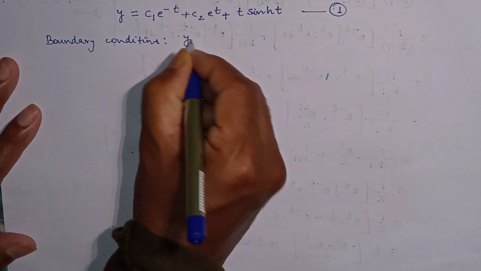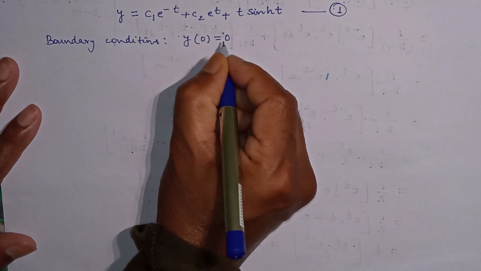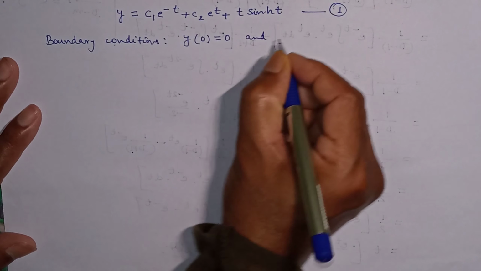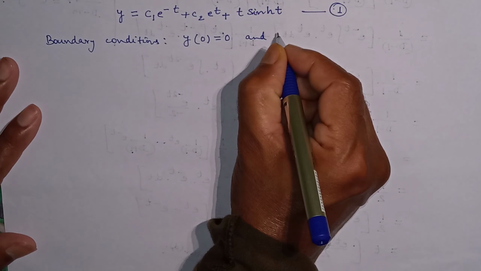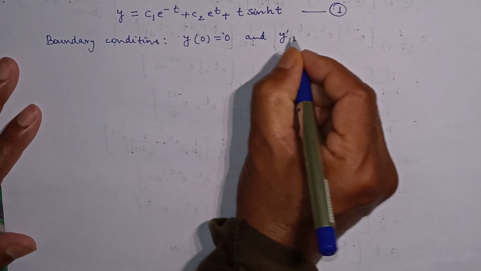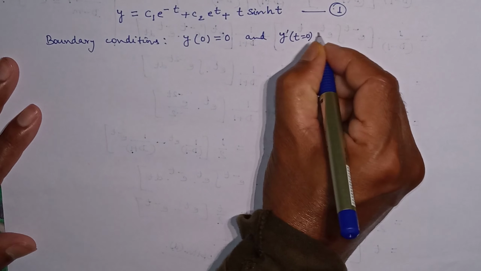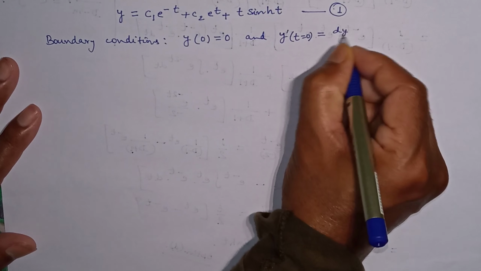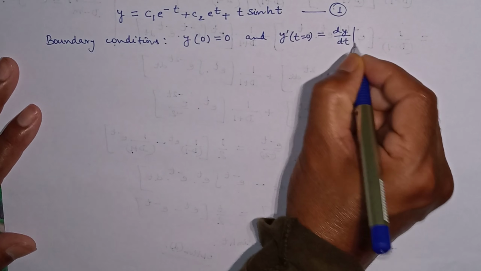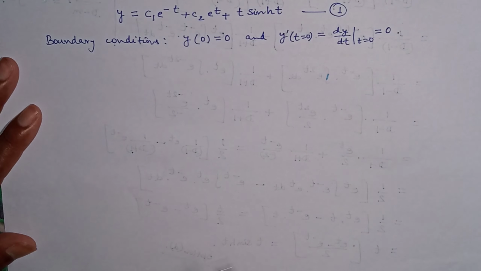It is y at t equals 0 equals 0, and first derivative of y with respect to t, y prime at t equals 0 equals 0.